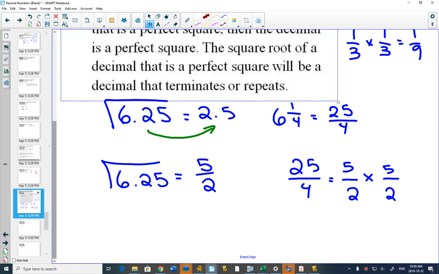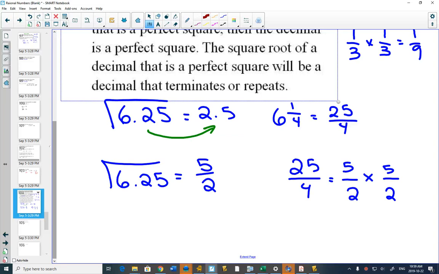But if you can change it to a fraction, and you have skills with working in fractions, the math isn't actually that bad. To figure out 6 1/4 is 25 over 4. That works out perfectly to be 5 over 2 times 5 over 2, and then you can change that 5 over 2 back to a decimal, and you can figure it out.